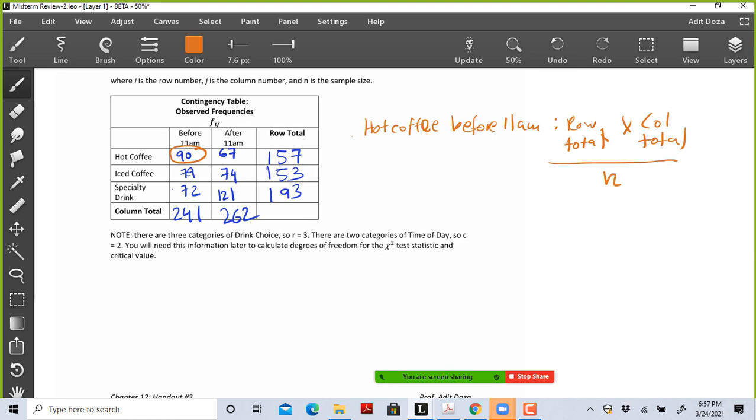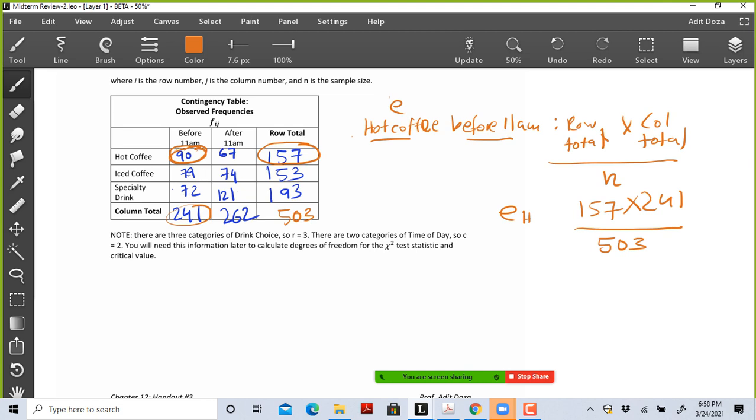So what's the total n in the sample? 241 plus 262, or if you sum the row totals, it will give you the same number, 503. What's the row total for this one? It would be 157. And the column total for this combination is 241. And then the total n is 503. So this would be our expected frequency of hot coffee before 11 a.m.